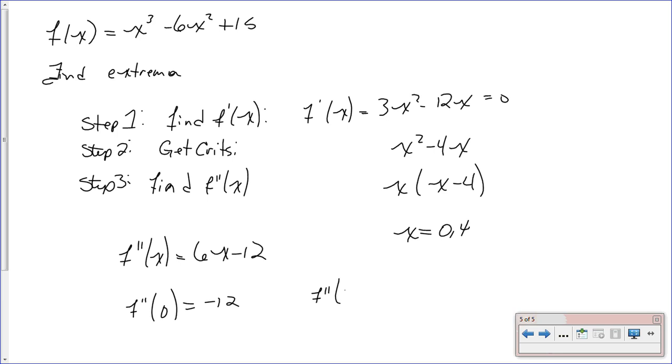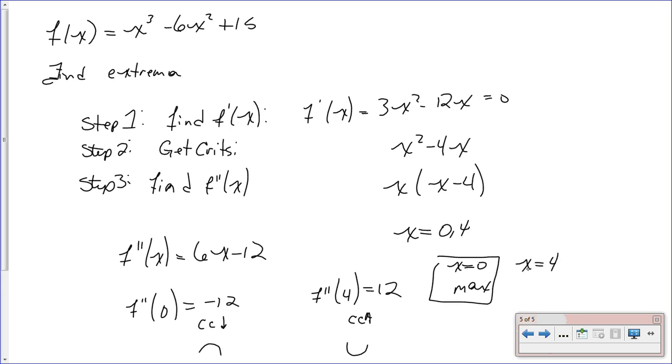And f double prime at 4, plug it in, 6 times 4 is 24, 24 minus 12 is 12. So that means this is concave down, so it's a frowny face, and this is concave up, so it is a smiley face. Which means, since at 0 it is concave down, x equals 0 is a maximum, and x equals 4 is a minimum, because it is concave up.